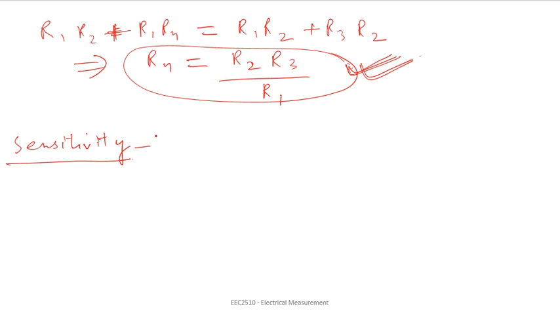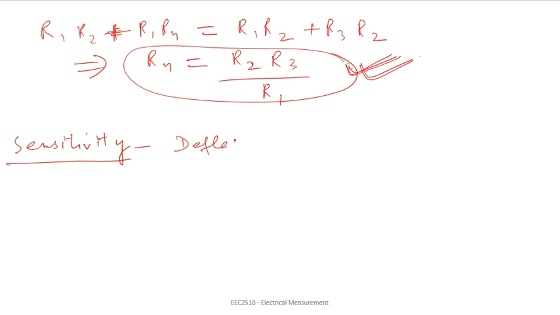Whenever the bridge is in unbalanced condition, a current will flow through the detector, and we are able to see the deflection in the pointer of the detector. So we will know that the bridge is unbalanced. The amount of deflection is a function of the sensitivity of the galvanometer. We can call the sensitivity the deflection per unit current.